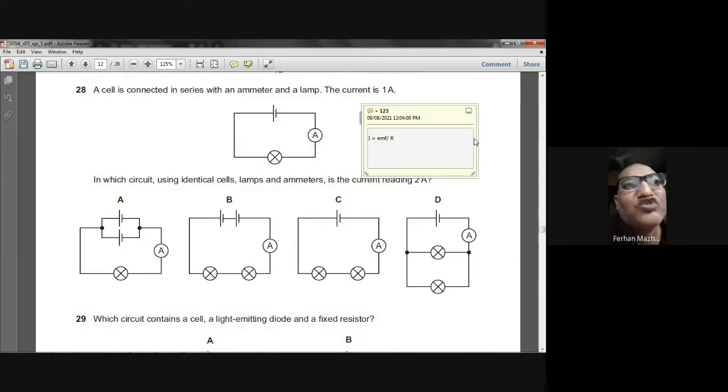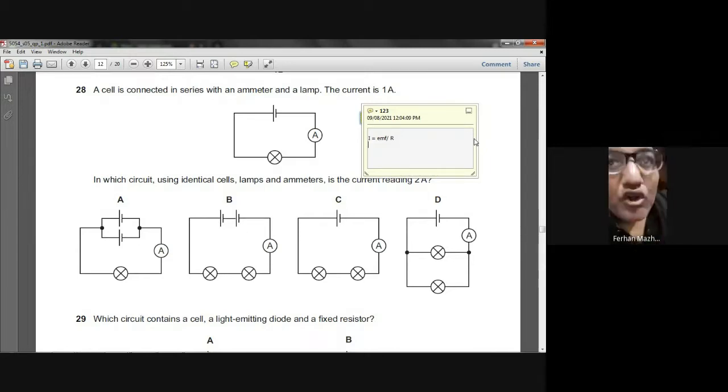If you have two cells connected in parallel, the combined effect on the resistance is that it will become half. If you connect two identical lamps in series with each other, then the combined resistance will become double as compared to a single lamp.